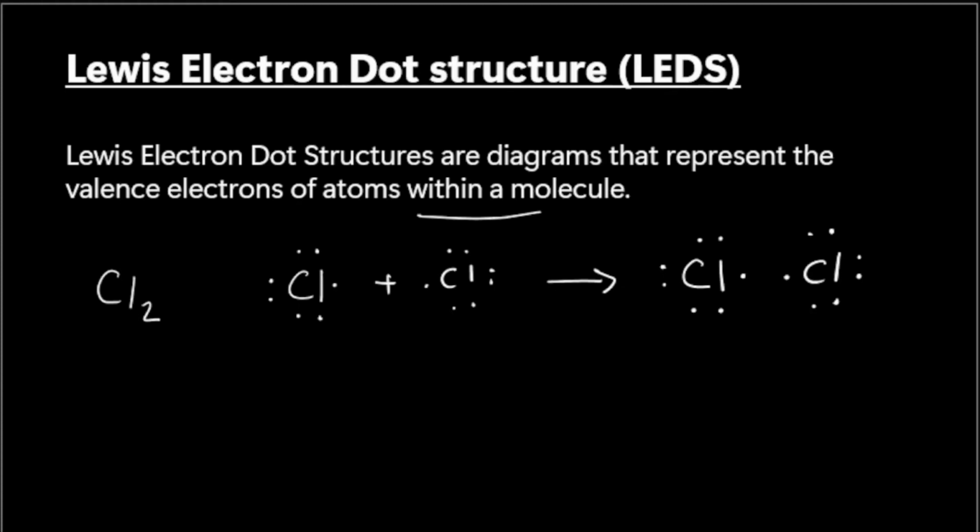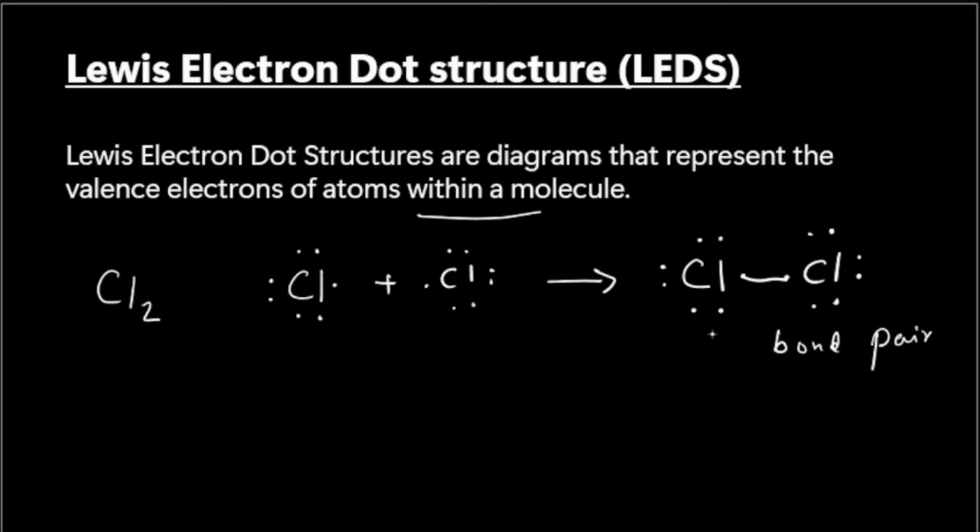Or with a single bond between them. This single bond contains 2 electrons which are shared between these 2 atoms, and this shared pair of electrons is called a bond pair.